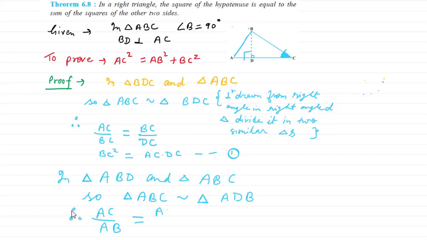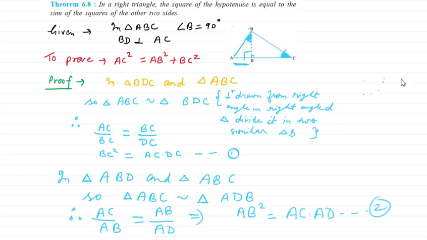We have AB. Okay, but this angle C will be the same as this angle in the smaller triangle. So corresponding to this, which side do we have? We have AD. Okay, so from here what can we write? We can write AB square is equal to AC into AD, and that will be our equation number 2.